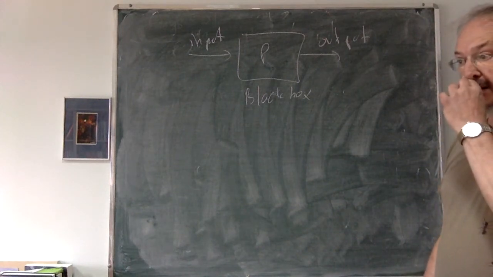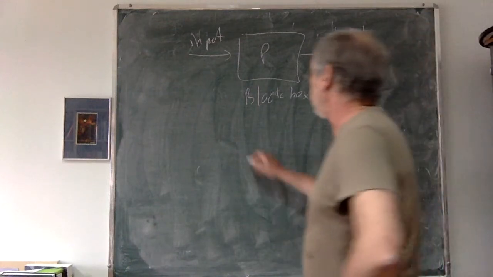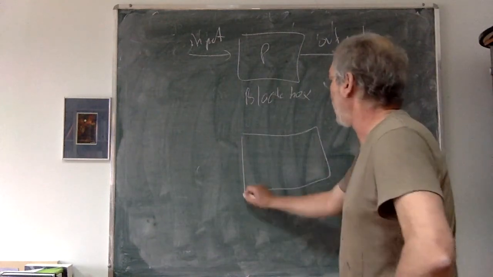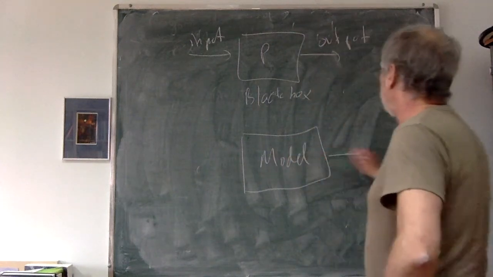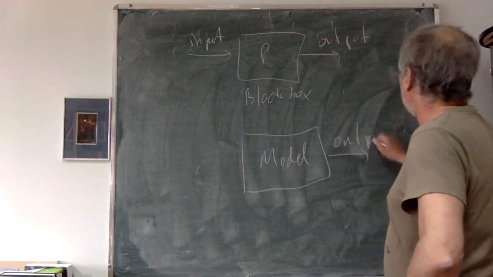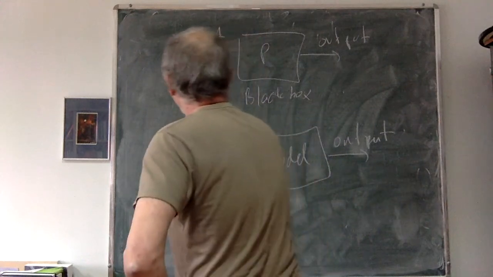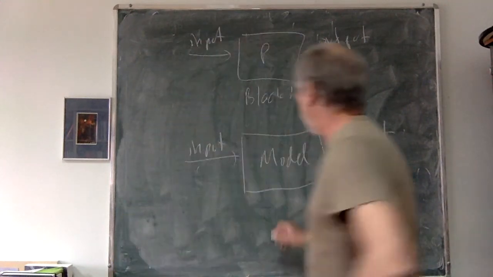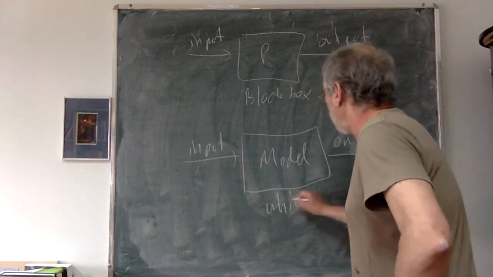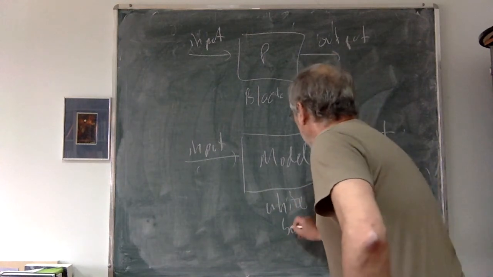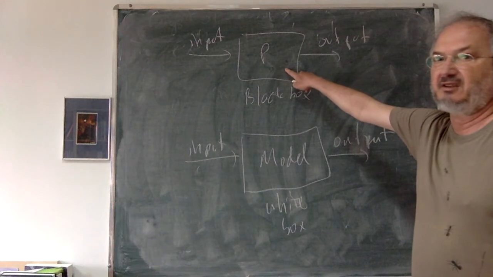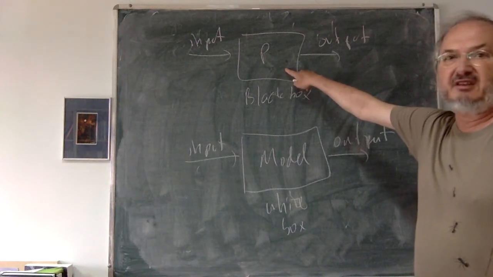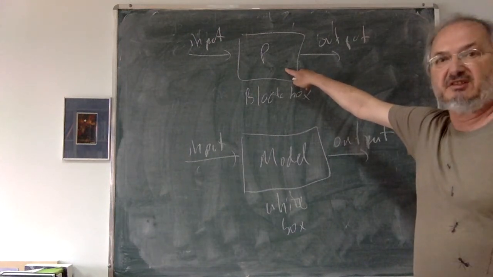But you can also look at the same problem by opening this box. Instead of having just the problem itself, you have a model of the problem. And this is a white box. In a sense, this is like nature itself doing these things, and you never postulate anything about what's inside.